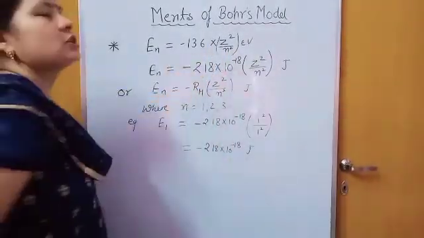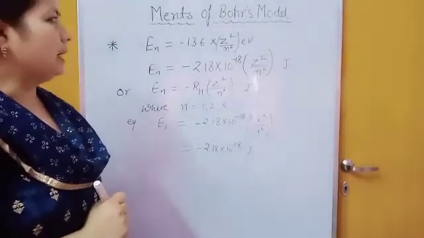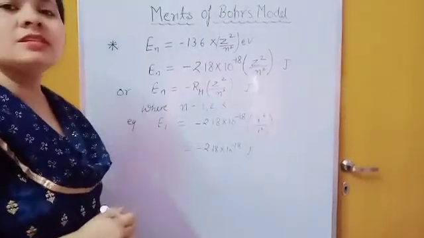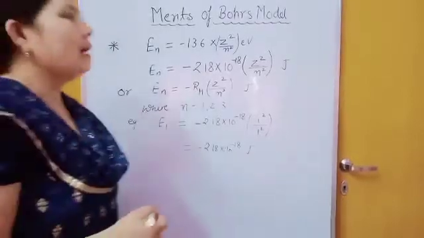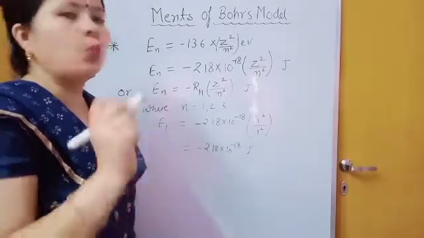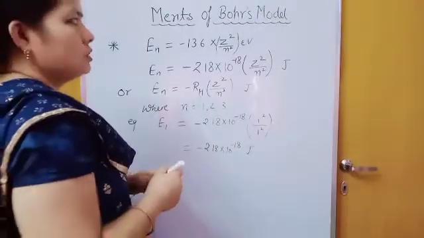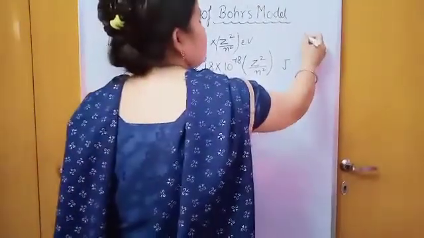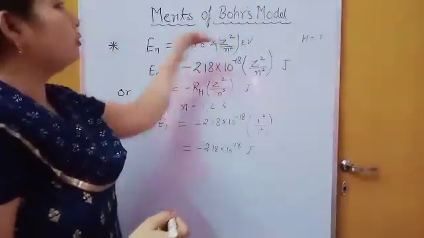This expression is for hydrogen and hydrogen-like ions only. The reason is that Bohr's model is only applicable for hydrogen and hydrogen-like atoms in which only one electron is present. For hydrogen, the number of electrons is 1, so this formula is valid.